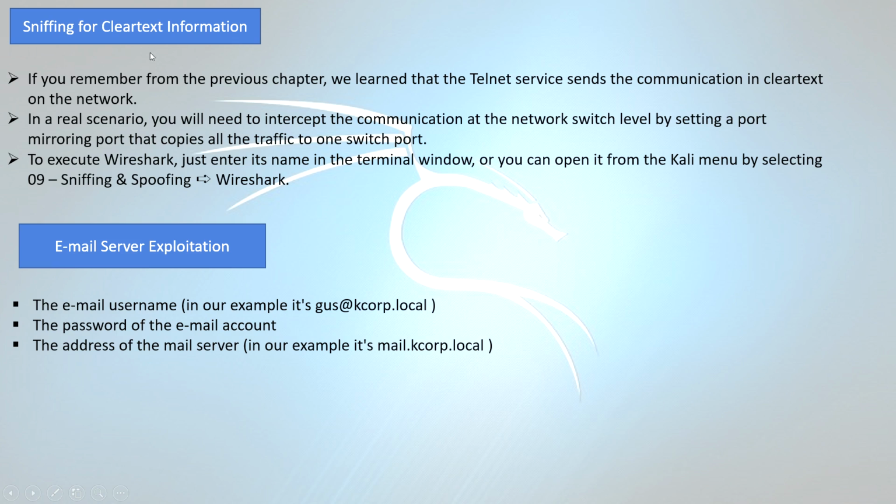Next, the use of clear text information. If you remember from the previous steps, you will turn it into the next command with the clear text. Email server exploitation: the email username, the password of the email account, and the address of the mail server.